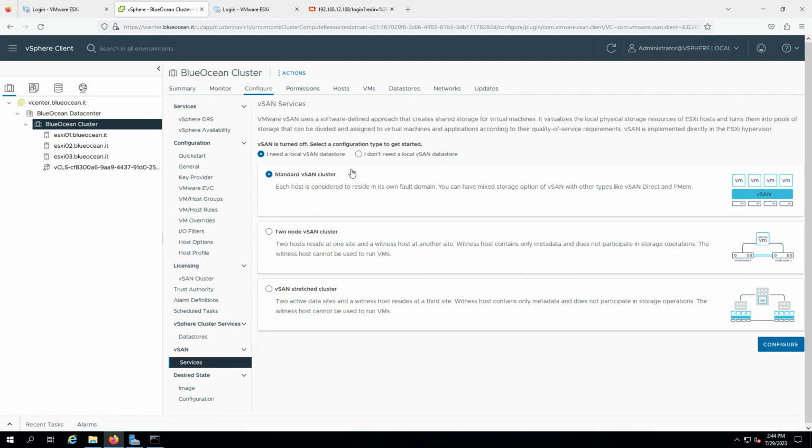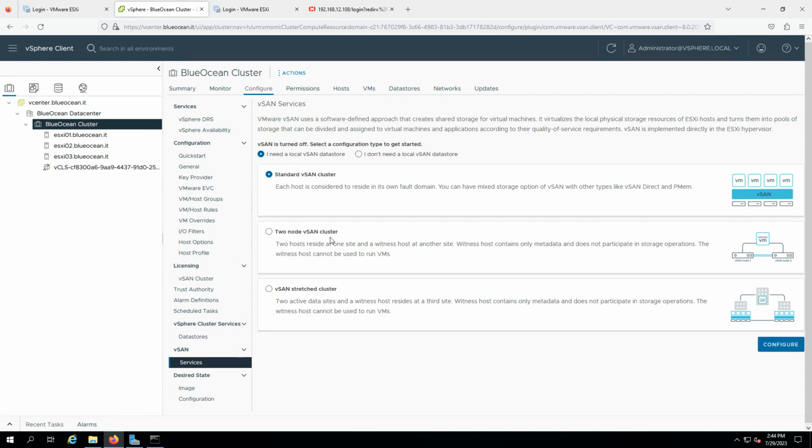As I said before, there are many options. You can deploy vSAN, you can deploy a stretched cluster vSAN. Maybe I have to do some lab to show you that I can have many sites, two sites, and I deploy a vSAN stretched cluster. Very interesting.